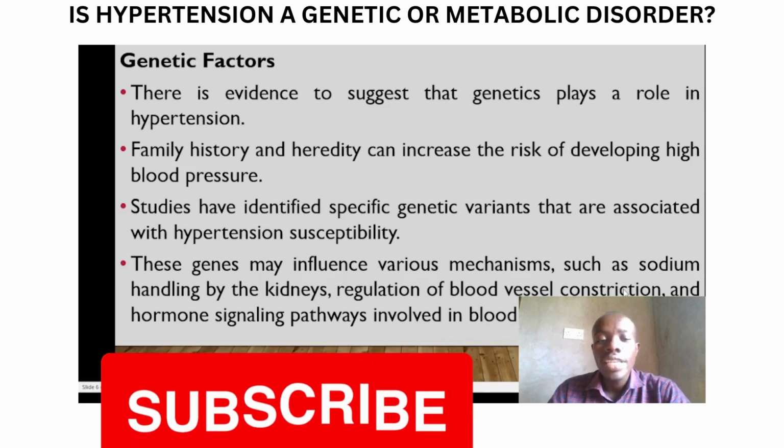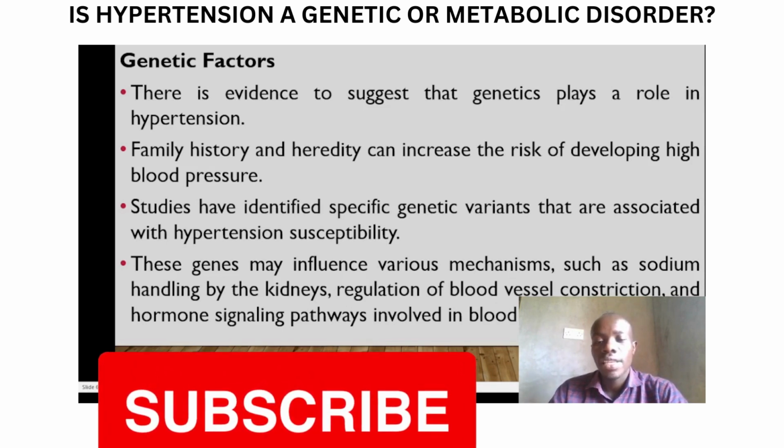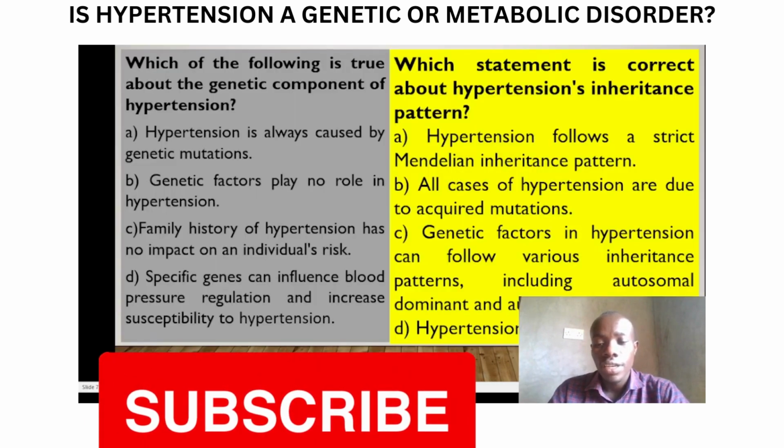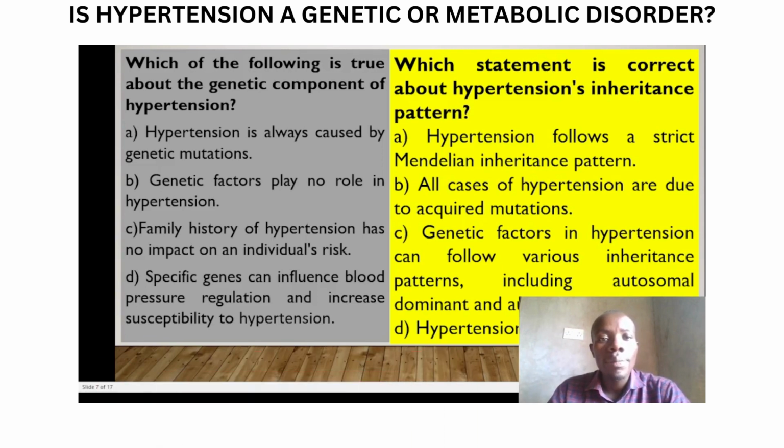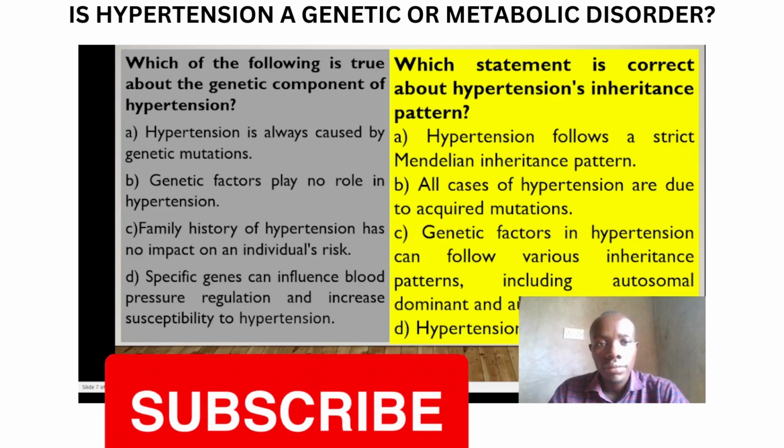Mechanisms such as sodium handling by the kidneys, regulation of blood vessel constriction, and hormonal signaling pathways are all involved in blood pressure regulation. So guys, what is true about the genetic components of hypertension?